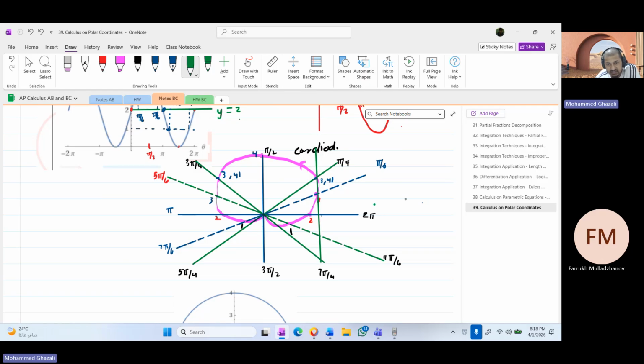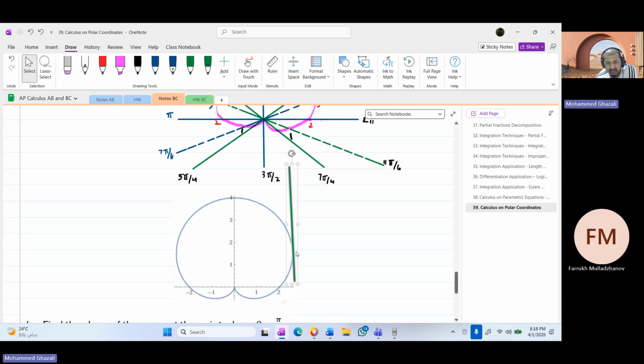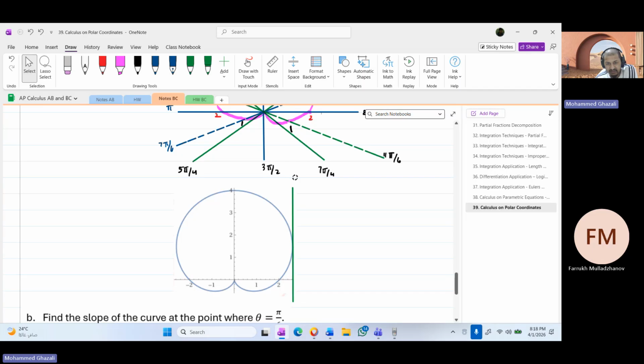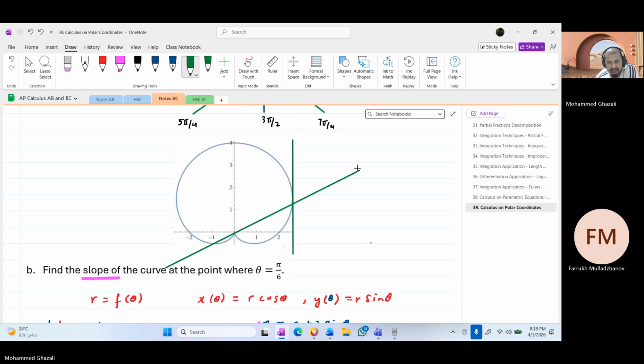This thing is supposed to be going a little bit more inside, but if you put this vertical line on the accurate graph, it's a vertical tangent at pi by 6. This is the pi by 6 line, and at pi by 6 we have a vertical tangent.